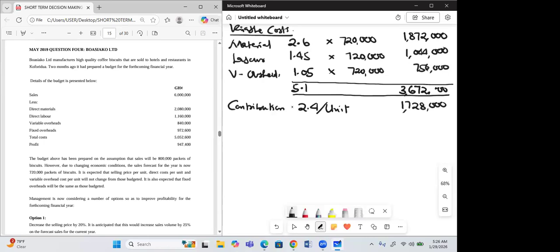Okay, so now we can less the fixed cost on it. The fixed cost is 972,600. So what's the budgeted profit then?